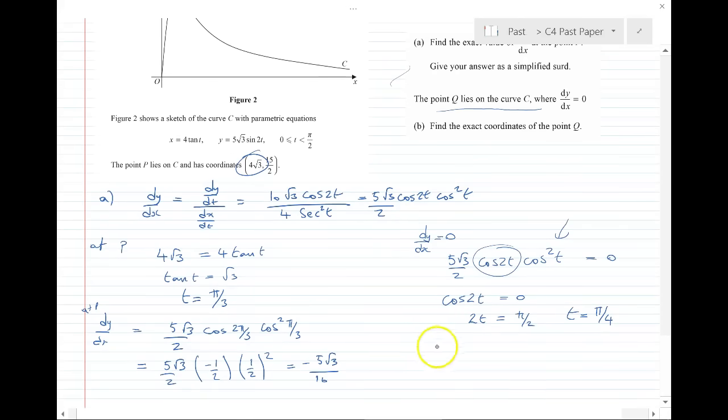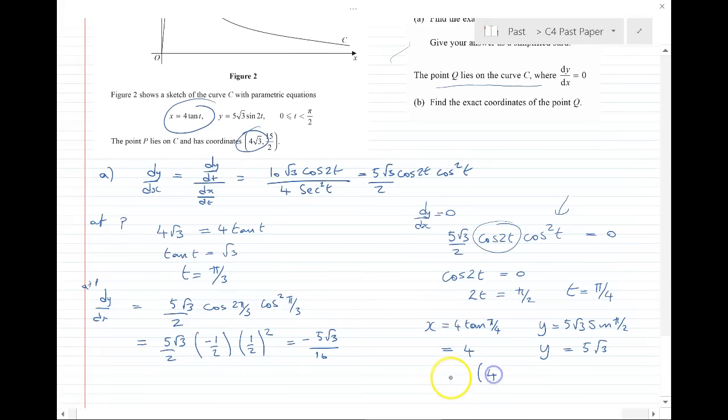So I can now put that into the parametric equation. x equals 4 tan pi by 4. Tan pi by 4 is just 1, so that's 4. And y equals 5 root 3 sine pi by 2. This is all working out quite nicely. Sine pi by 2 is equal to 1, so that's 5 root 3.